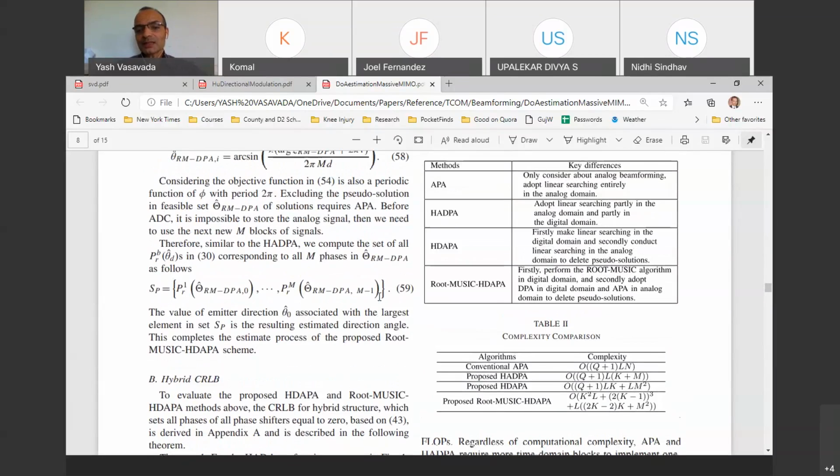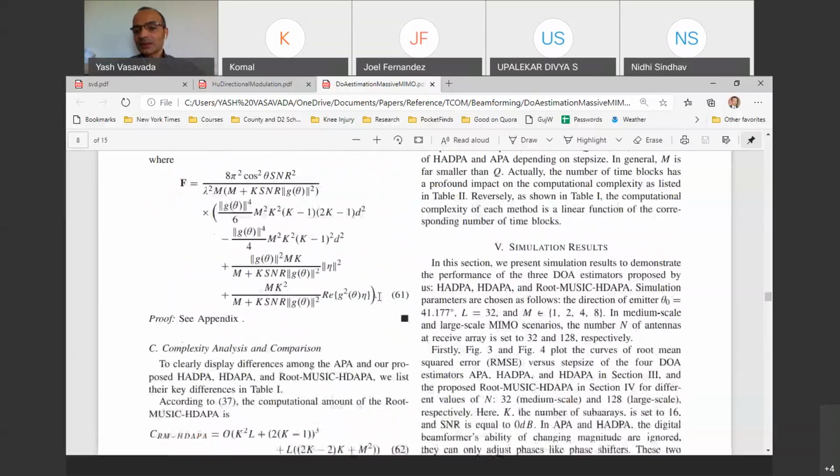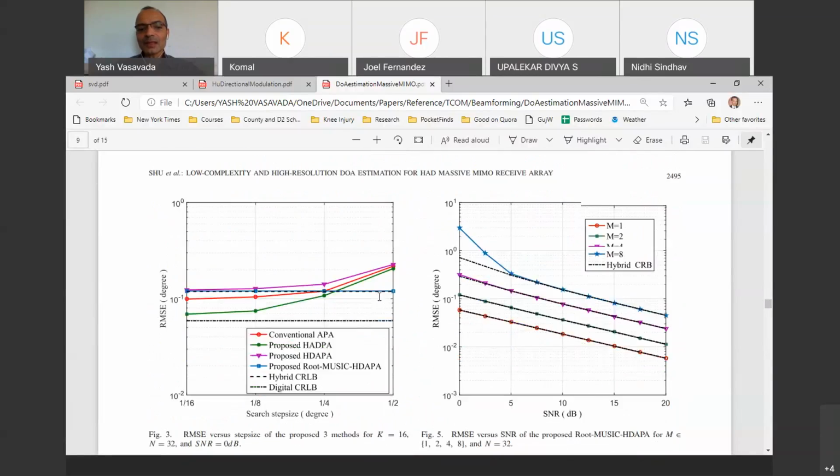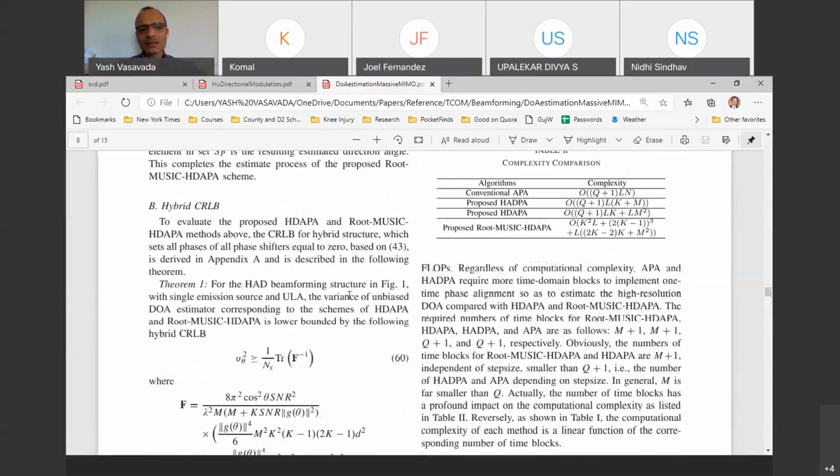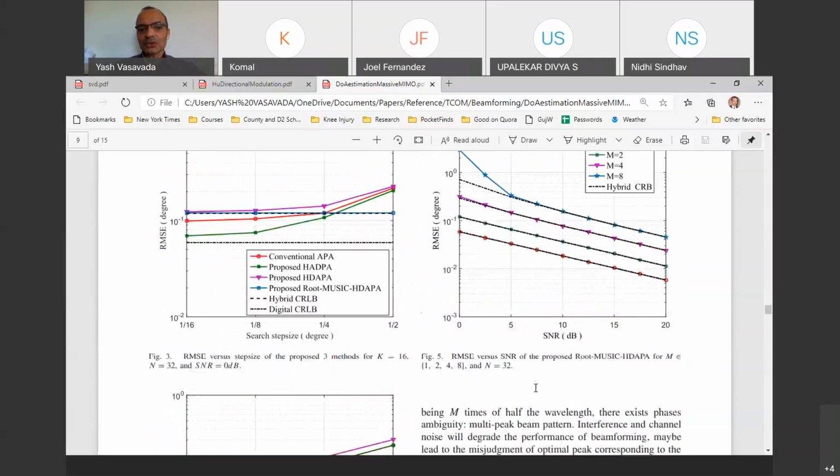It's a very simple extension of your lab 3 of CT509. One other thing that they have done, which is pretty good actually, is the Cramer-Rao lower bound on the DOA estimation. This we haven't done in our class, but they have derived the CRLB for the DOA estimation, and that is what they are showing here.